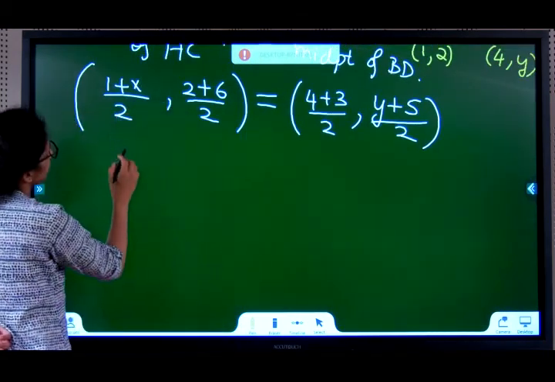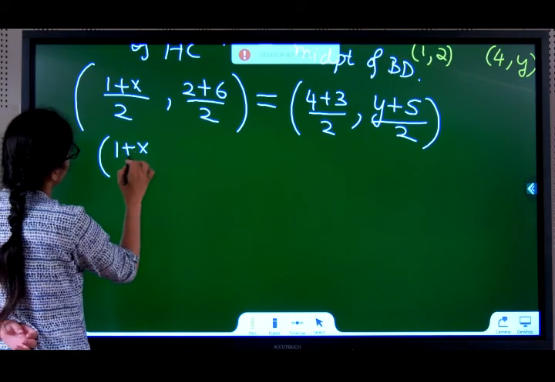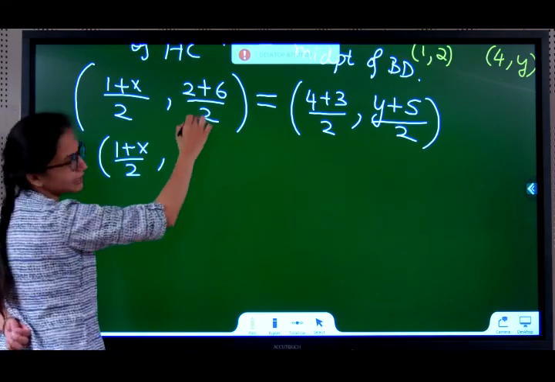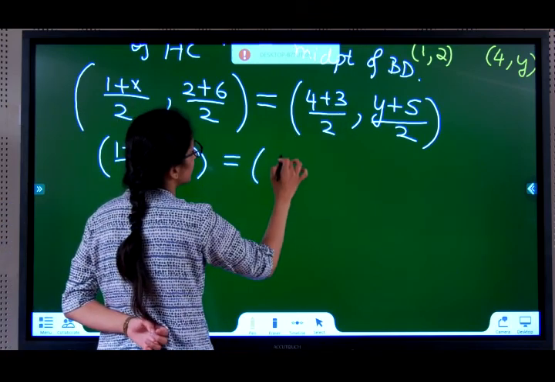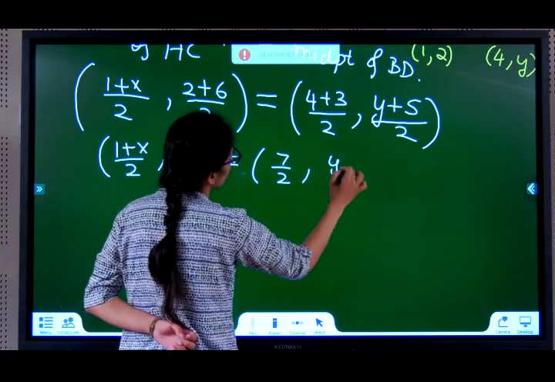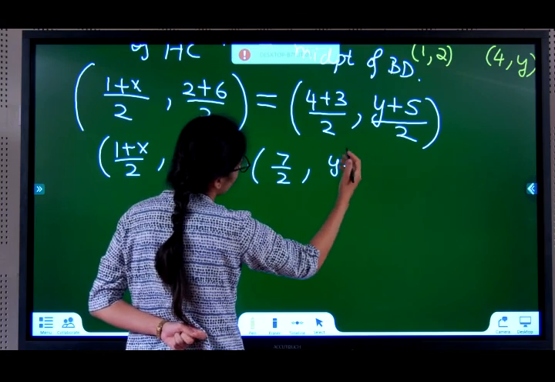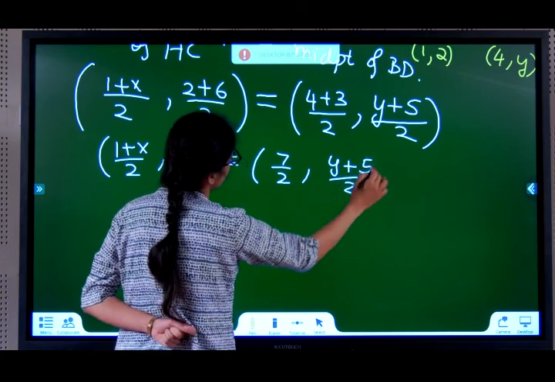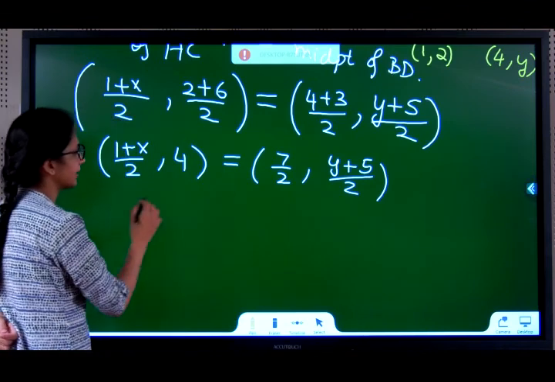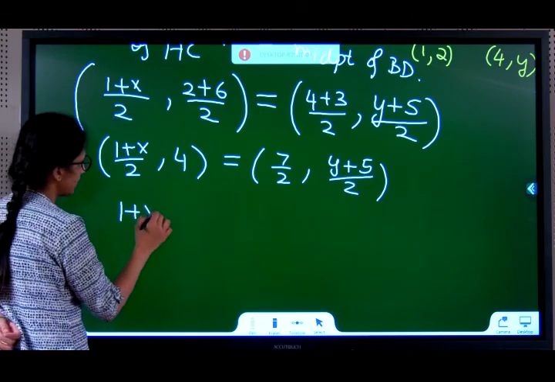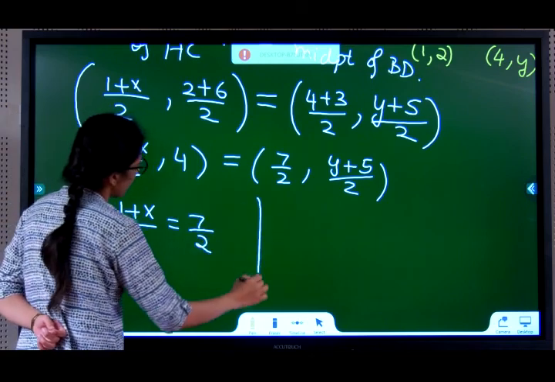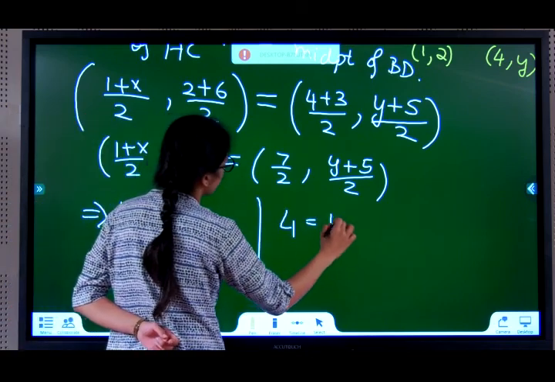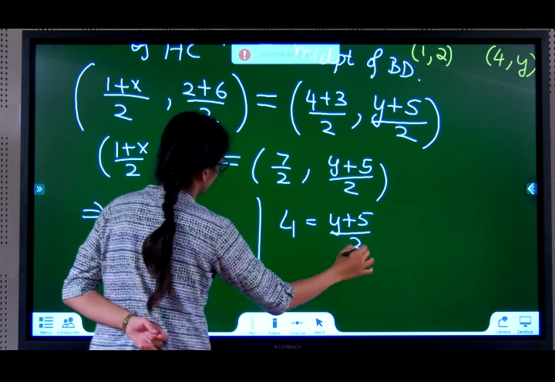So (1 + x)/2, 2 plus 6 is 8, 8 by 2 is 4, equals (4 + 3)/2, which is 7/2, comma (y + 5)/2. On equating this, I can say (1 + x)/2 is equal to 7/2 and 4 is equal to (y + 5)/2.